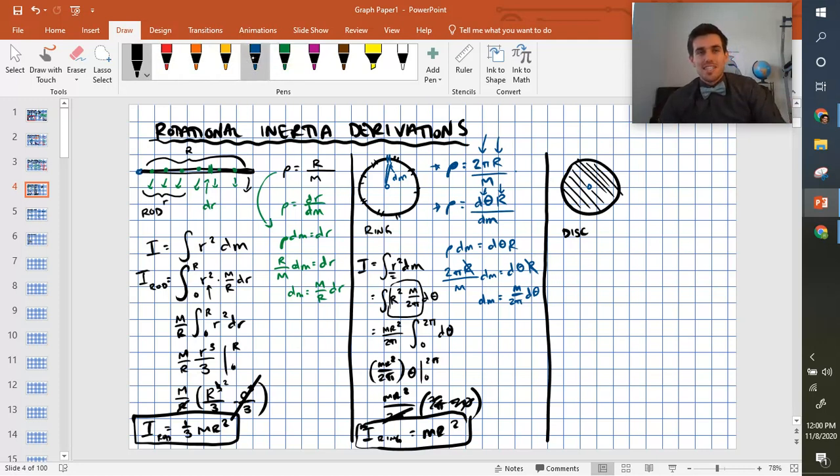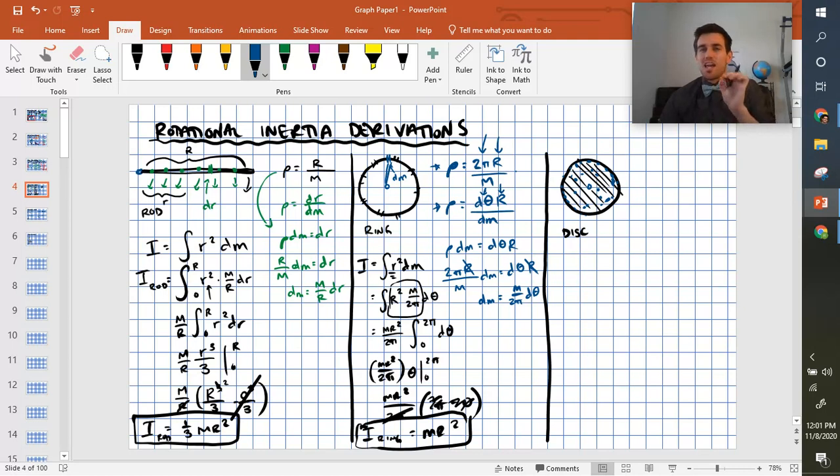Because with the disk now, I can't just do individual pieces because the pieces exist in all different locations. If we were imagining all of these as infinitely small points, there's still more points around the outside edge than there are near the middle.